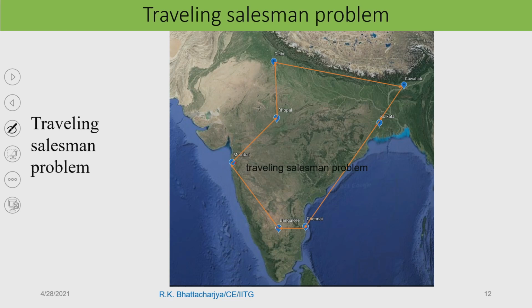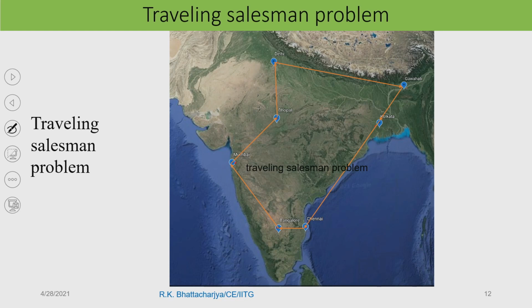Nowadays you have seen that flights are giving connectivity to different locations. If somebody is trying to go from Mumbai to Delhi, maybe he can take this flight, but the flight is going from Mumbai to Guwahati.